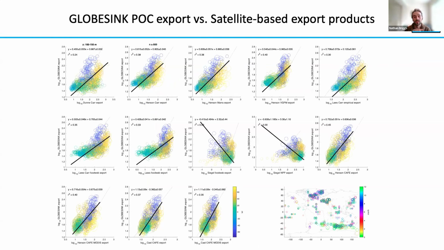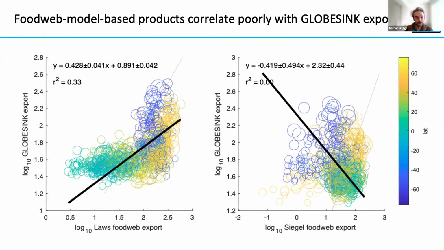We can also compare this to other broad scale estimates of sinking POC. These are exports, so export out of the top 100 meters by various models that rely on satellites. Just to highlight a few, there are some food web based methods that don't correlate very well with the GlobeSync product.